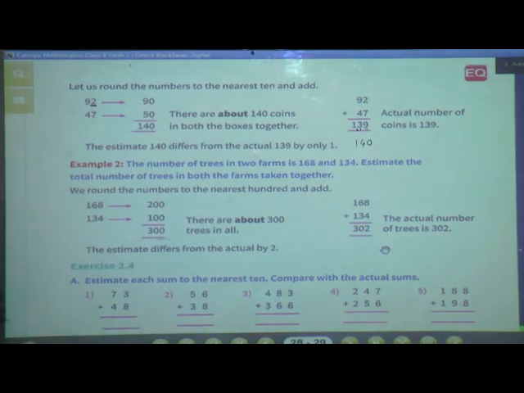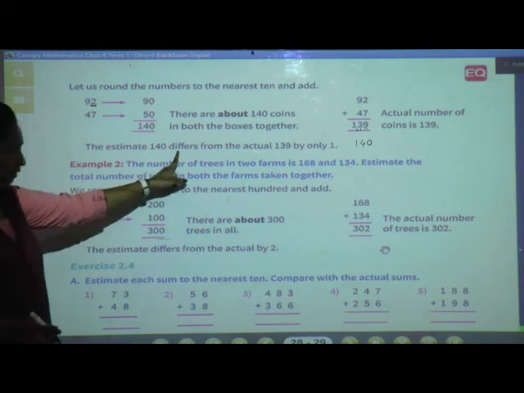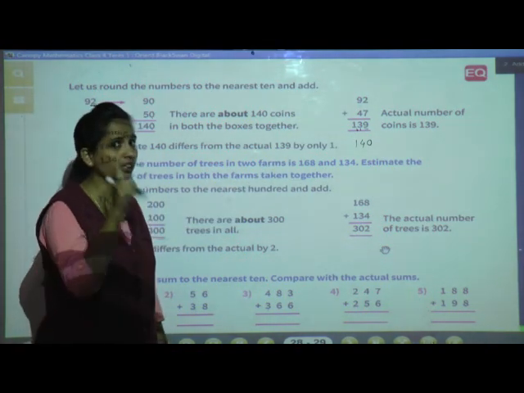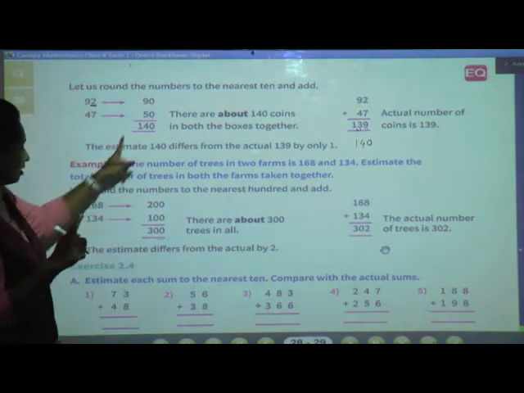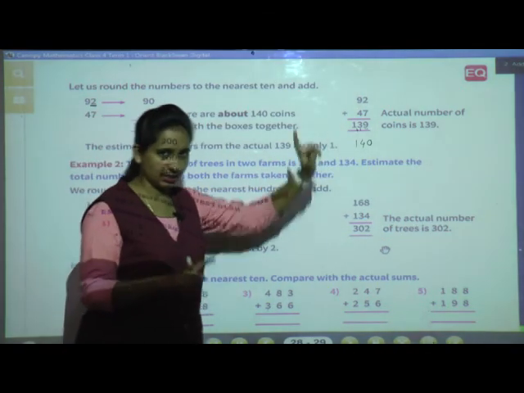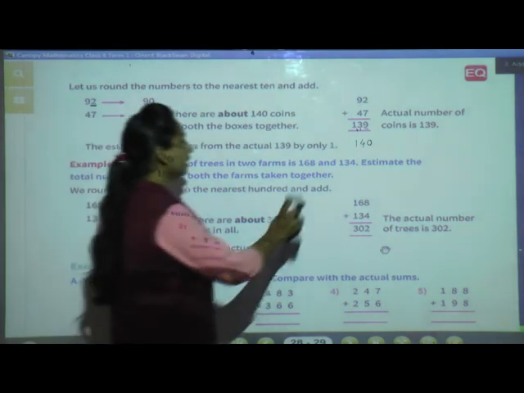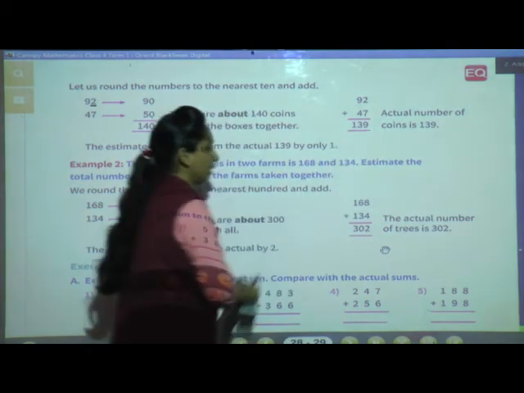So the answer is 140. So the estimate 140 differs from the actual number 139 by only one number. You can see 140 and 139. Got it? Understood? Yes.